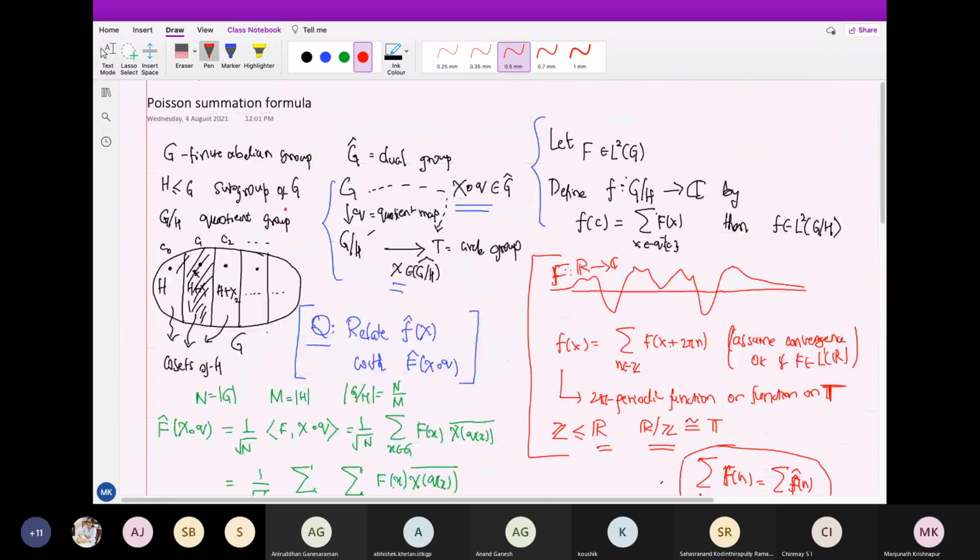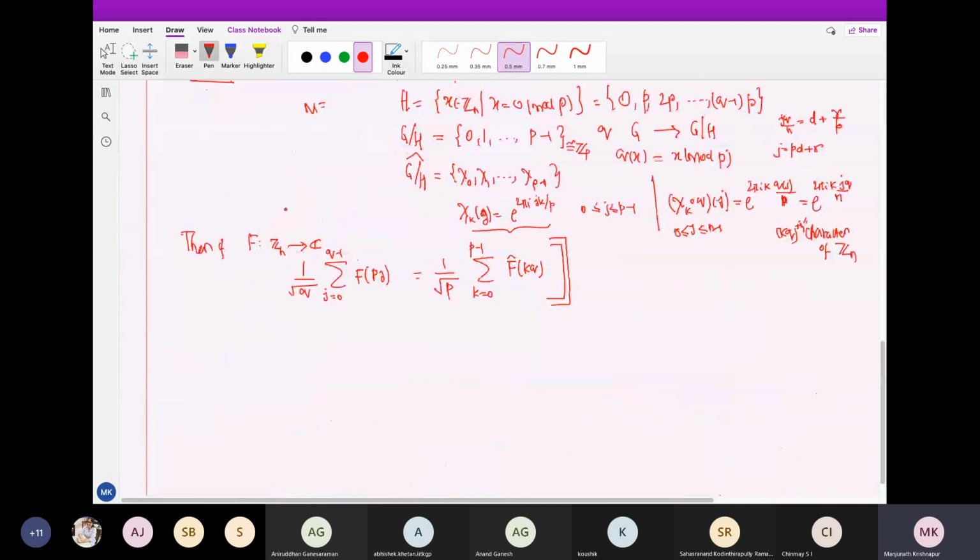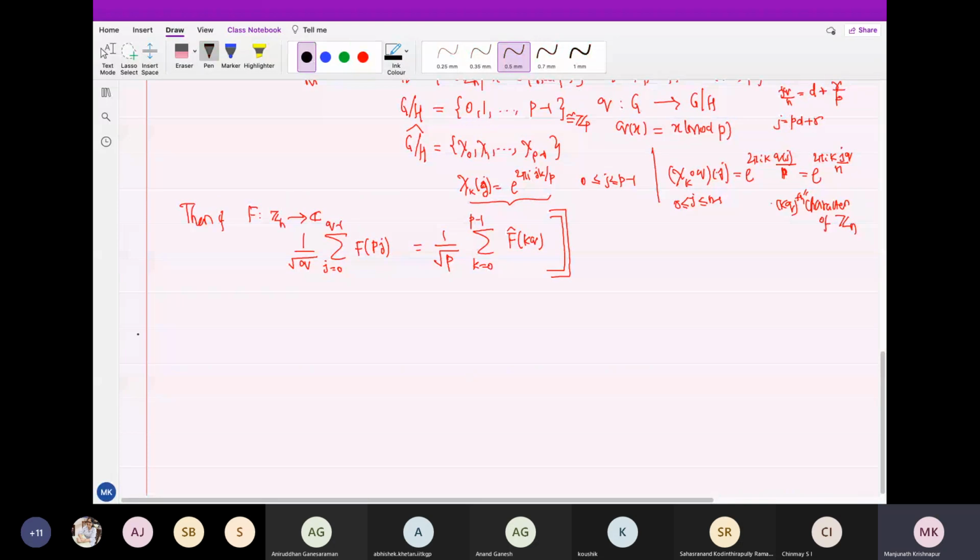So these are three things. Remember, what we have proved about general Fourier analysis is, we have G a finite abelian group. So three things. Of course we have the full Fourier transform.